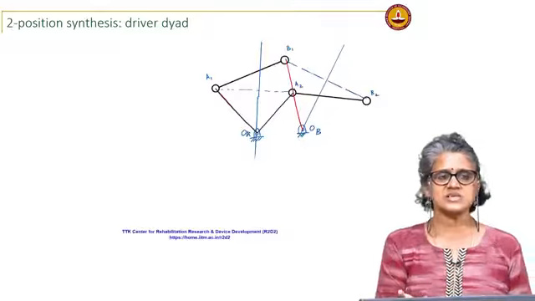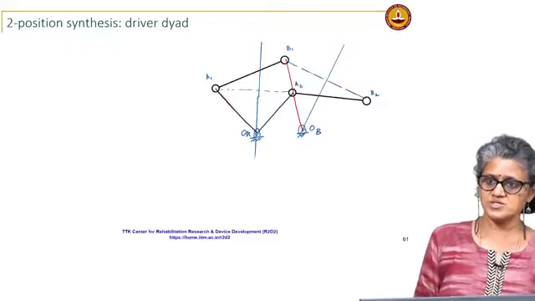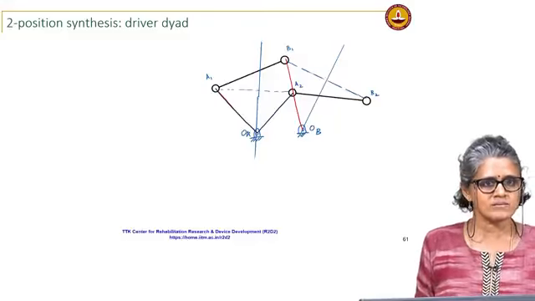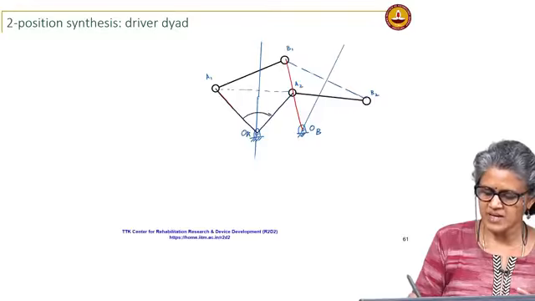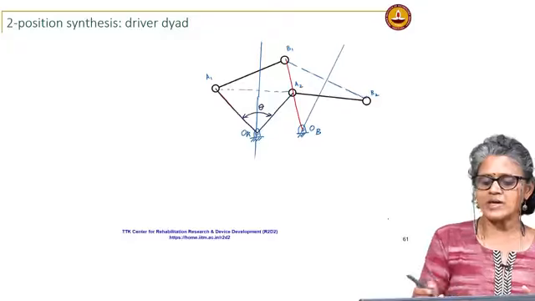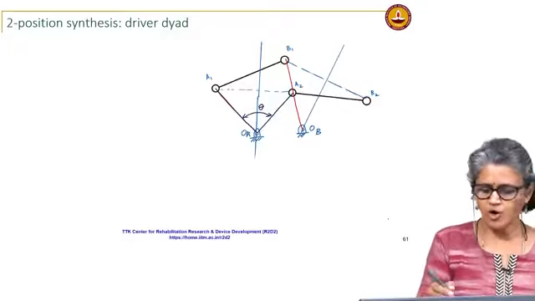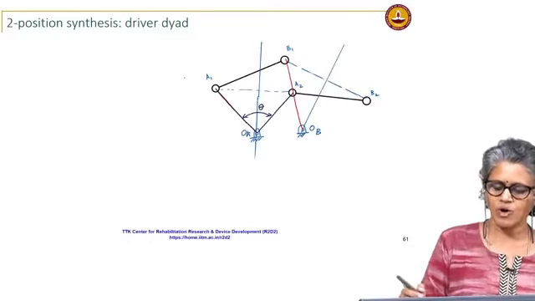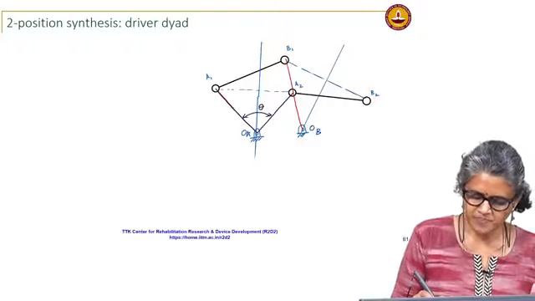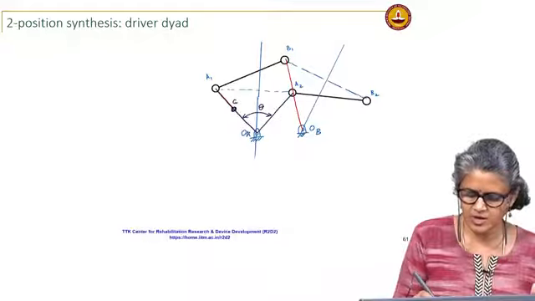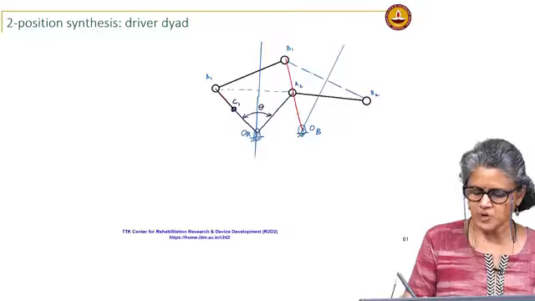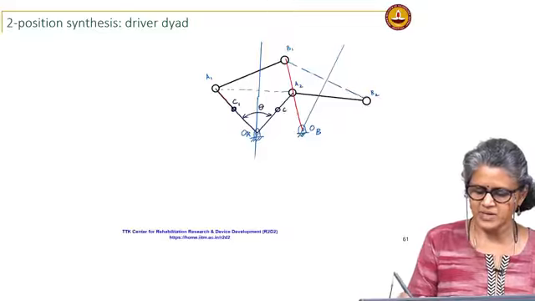So, this basically reduces to the first problem that I solved, which is the rocker moving through this angle theta. Now I can pick any point on this link or on this body when I extend it, but let us just say I pick a point here, I call it C, C1, and the corresponding point would be C2.